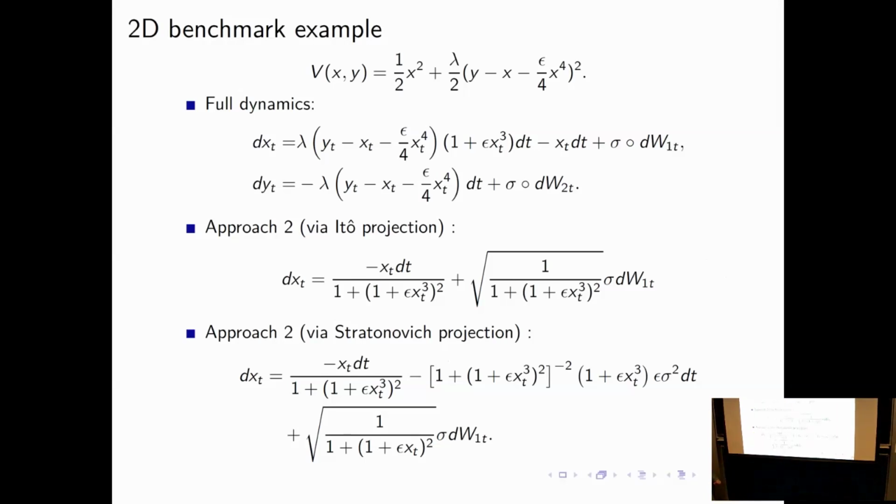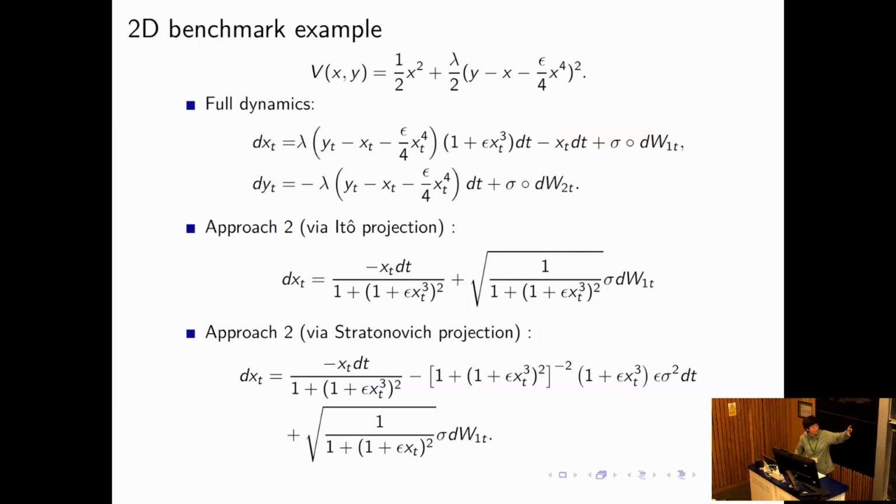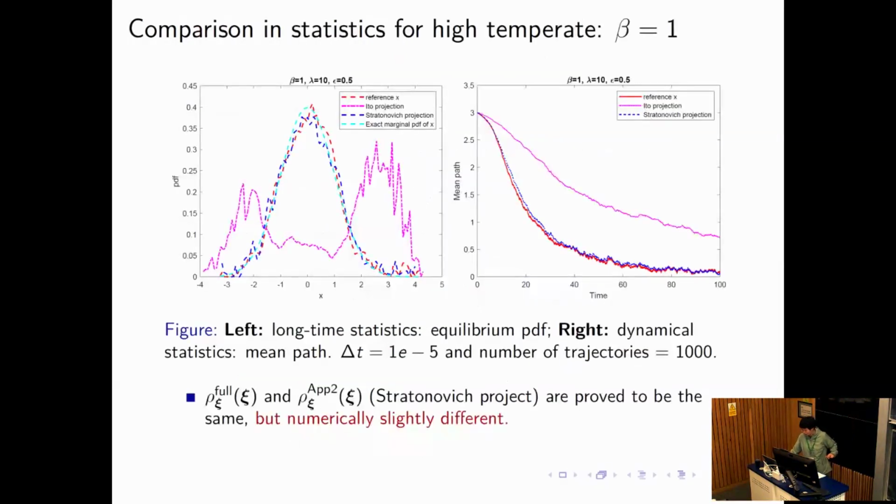And then in the simulation, we found that we always get a bias, something wrong. And then we found, okay, it's because we ignore the Ito formula, and we should instead use the Stratonovich projection to make everything work. Therefore, in the next slide, we will compare approach 2, the Ito one, and approach 2, the Stratonovich one. And here's the result. We consider a high temperature, beta equal to 1, and a weak nonlinear potential with epsilon only 0.5.